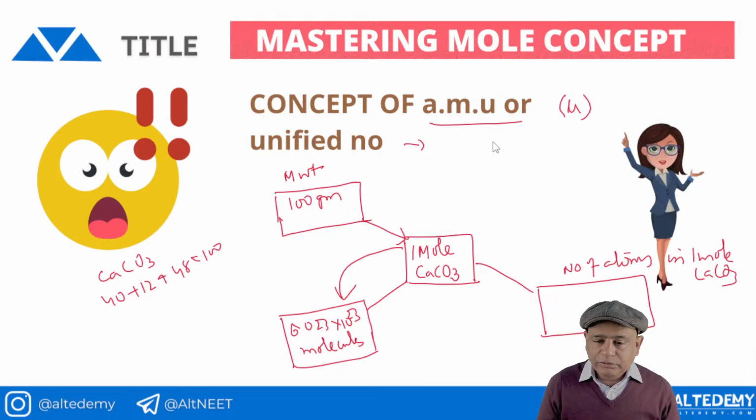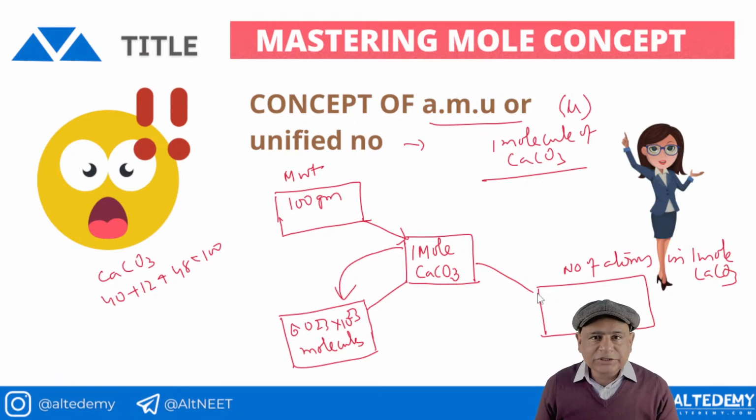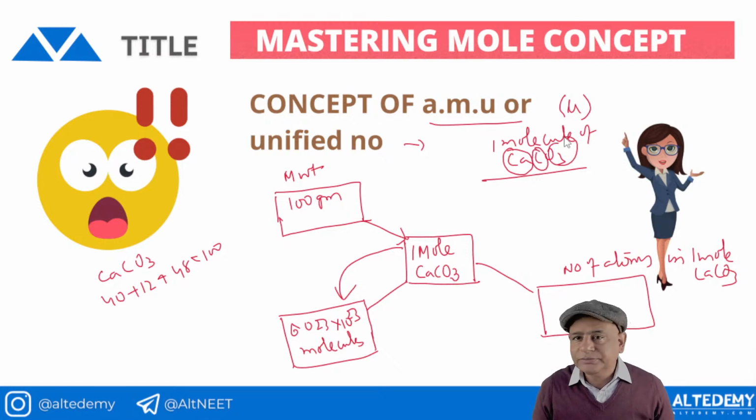Now pick up 1 molecule of calcium carbonate. Molecules are made up of atoms. If I ask you 1 molecule of calcium carbonate is made up of how many atoms? You can clearly see there is one atom of calcium here, one atom of carbon here, and three atoms of oxygen here.